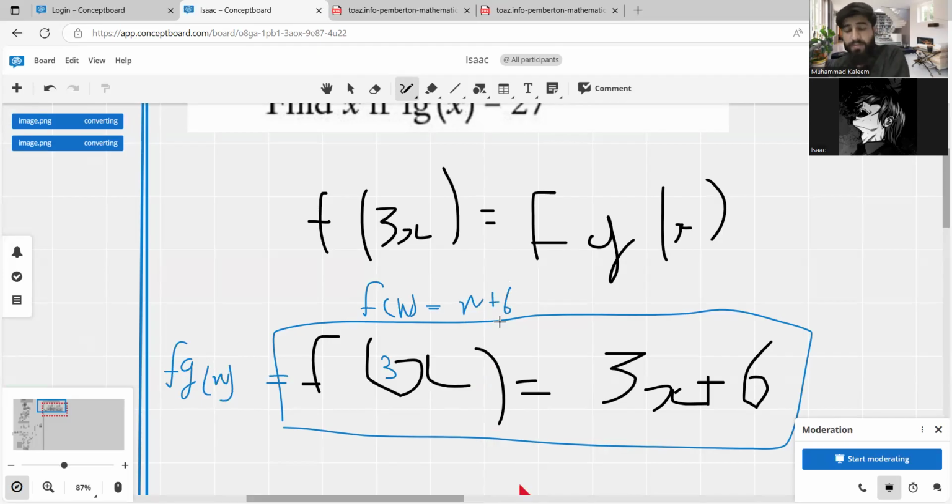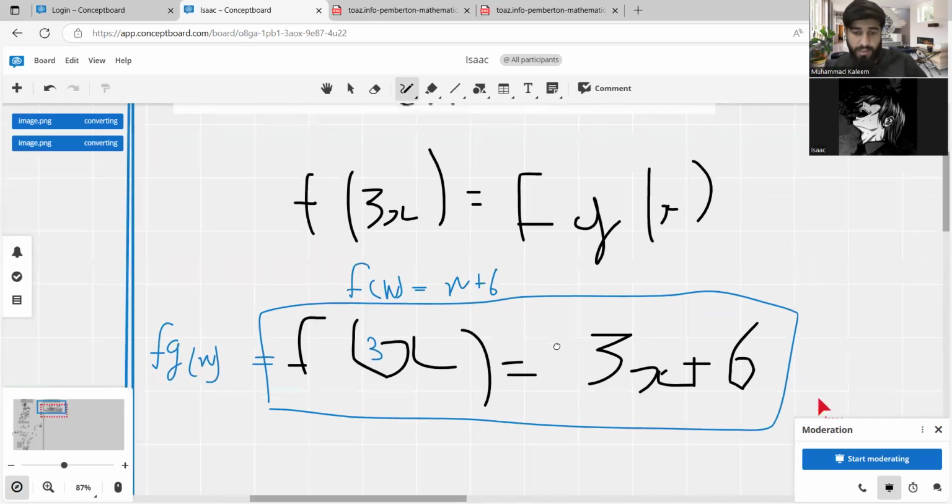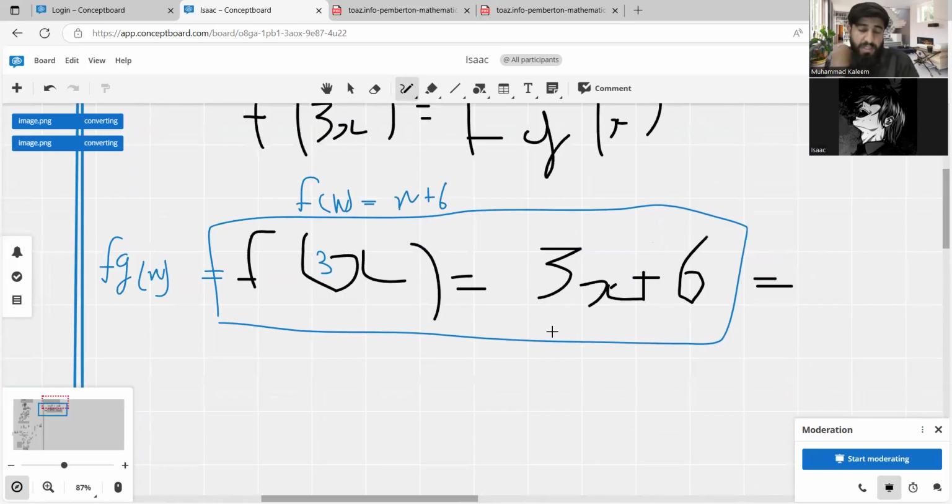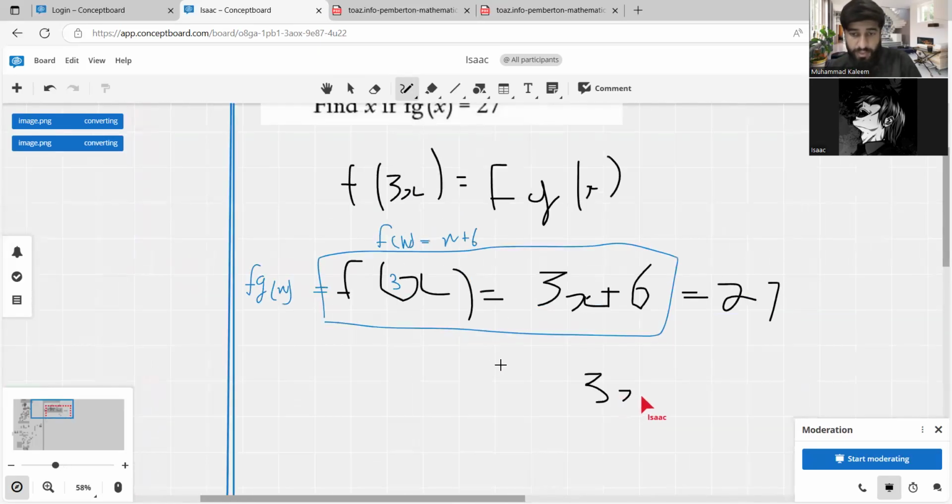Okay. I hope this makes sense for you. Okay, let's move on. Overall, you perform well. Yeah, we got f of g of x, so it is equal to 27. You can easily calculate the value of x from here. 3x is equal to 21.